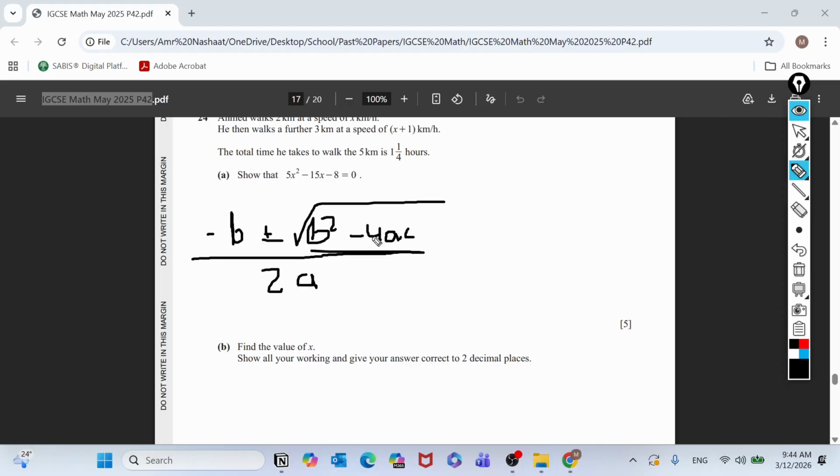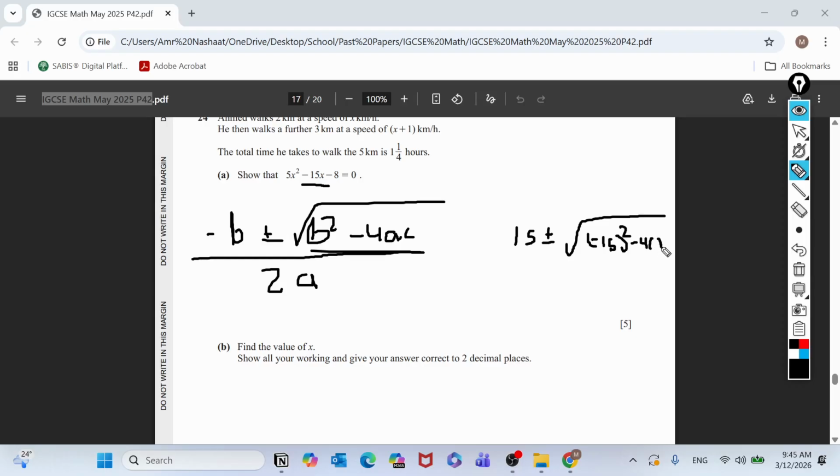Now what's negative b? This is b. So negative 15 is just positive 15.